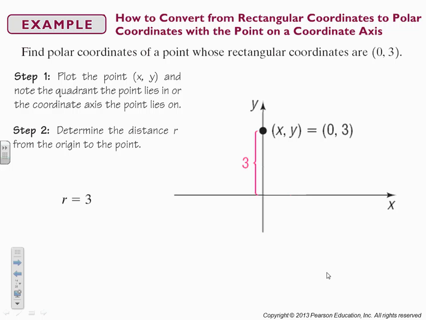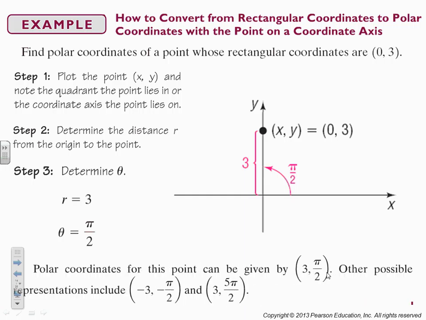In this case, because we're on an axis, the distance is easy to determine. It is 3. The last step is to figure out our theta. Looking at this, I know that's 90 degrees or pi over 2. So our coordinate in polar form is 3 comma pi over 2. Other possibilities are -3, -pi over 2, and 3 and 5 pi over 2.